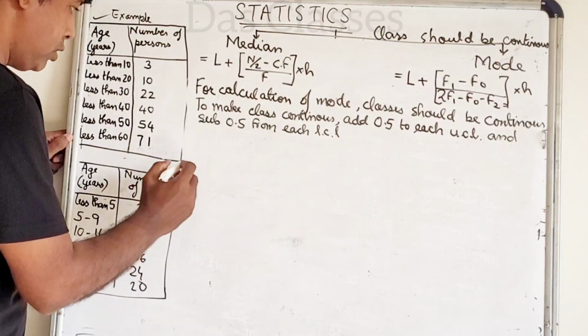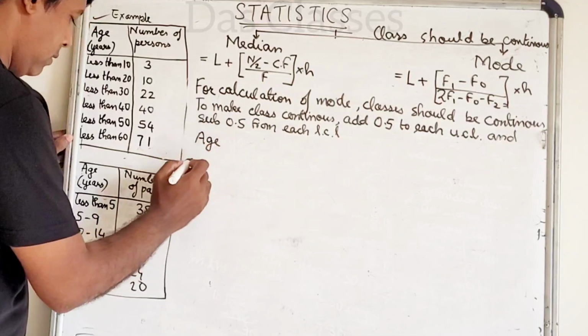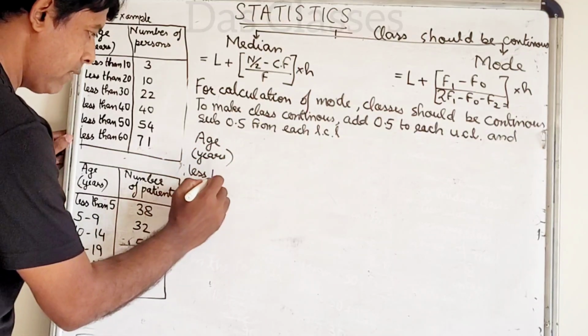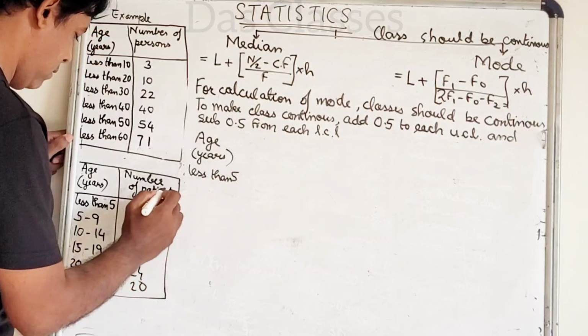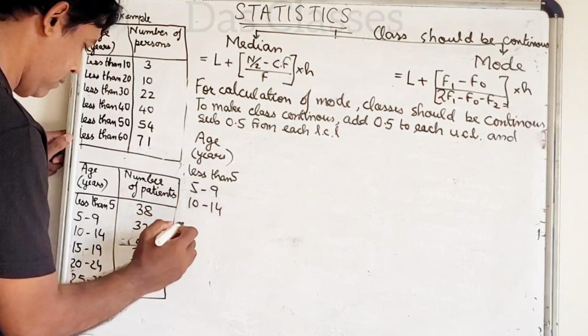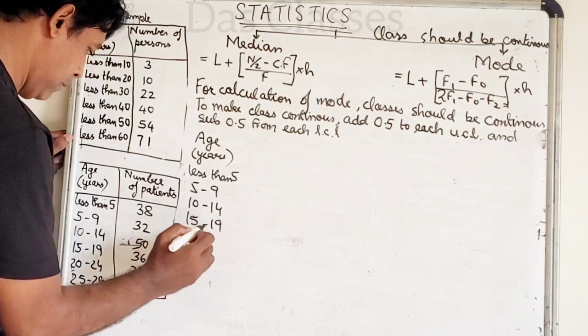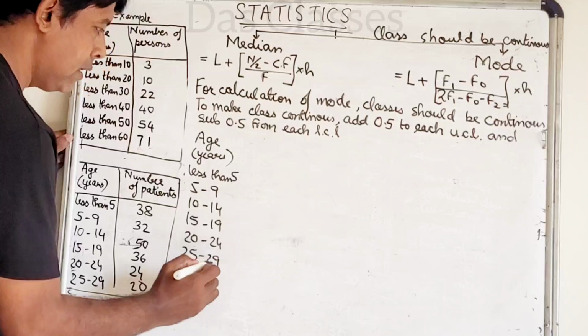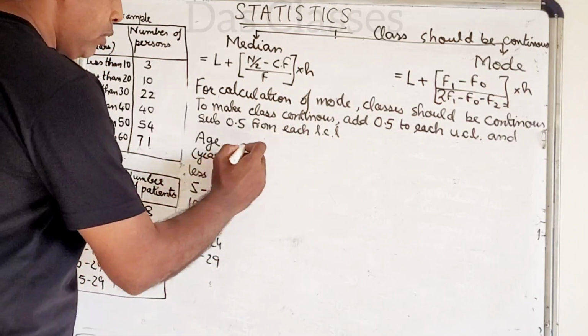Let's draw the frequency distribution table. Age, years: less than 5, 5 to 9, 10 to 14, 15 to 19, 20 to 24, and 25 to 29. So let's make the class continuous.